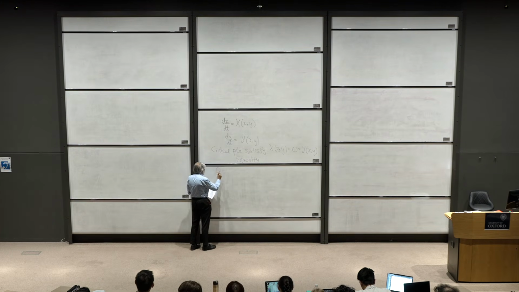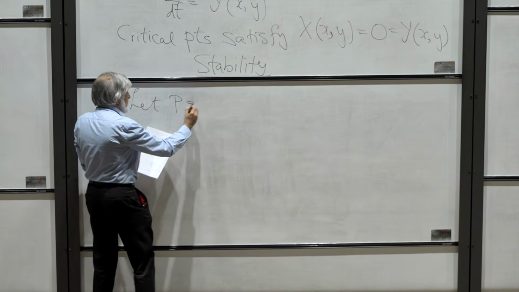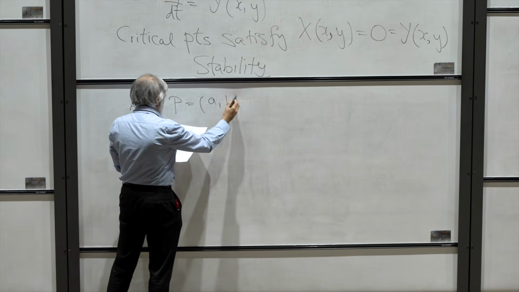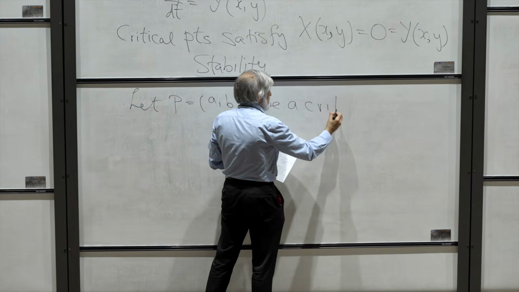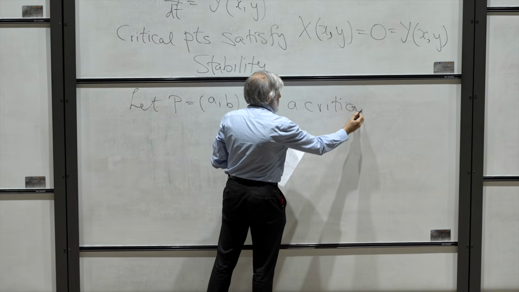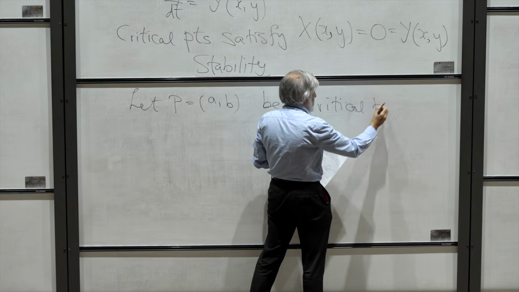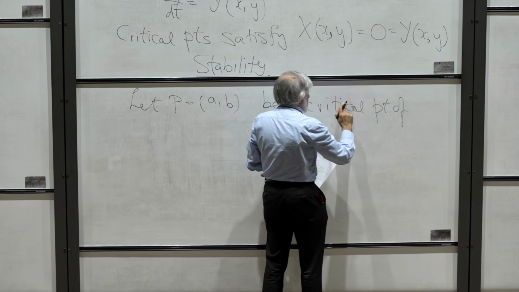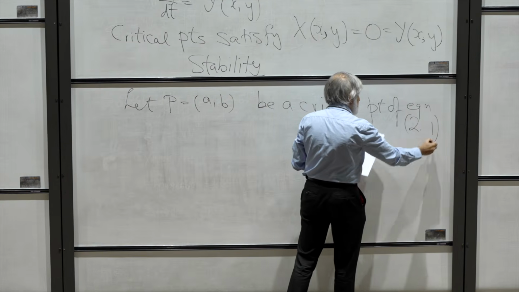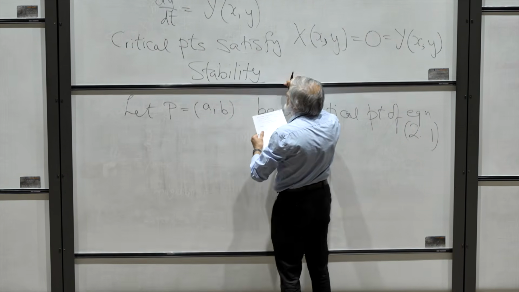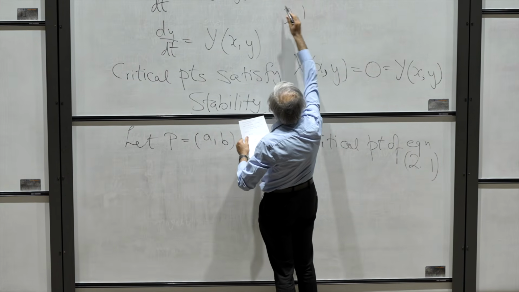So let P, which is (a, b), be a critical point. And the equation, the number was 2.1. If you remember that equation, we'd call that 2.1, I think.